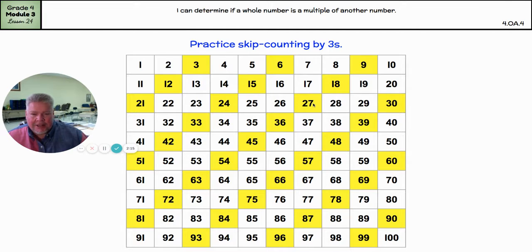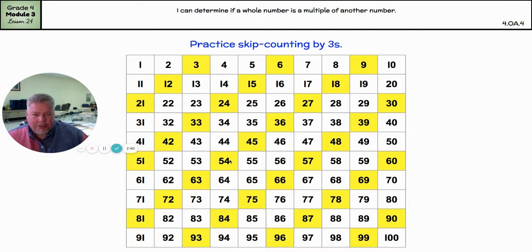In today's homework, again, it's going to ask you questions like this. Starting at 54, what are the next 3 multiples of 3? Well, you could count by 3, couldn't you? 54, 55, 56, 57 would be 1. Then 58, 59, 60 would be the next. You can just count up by 3 as a way to do it.